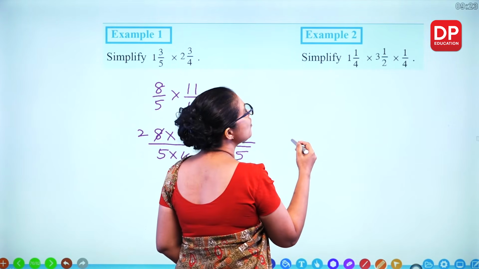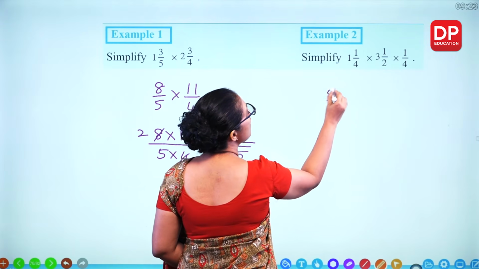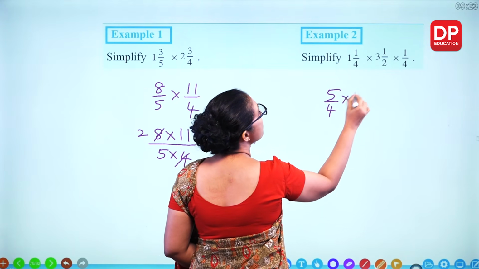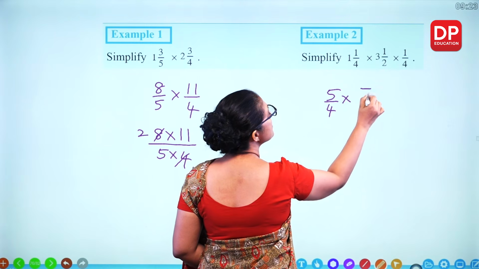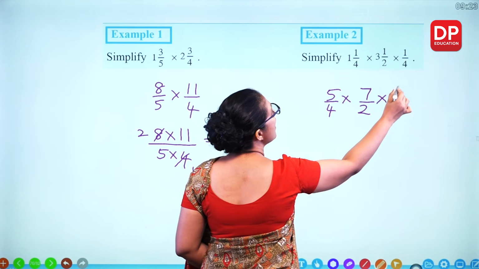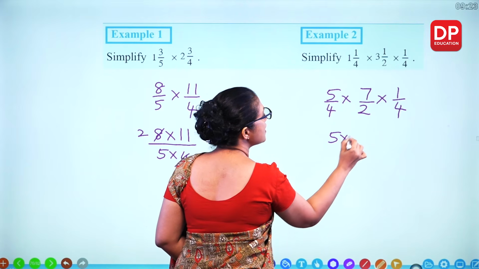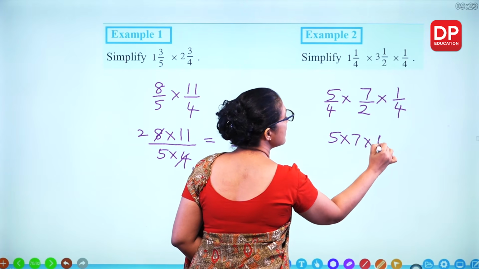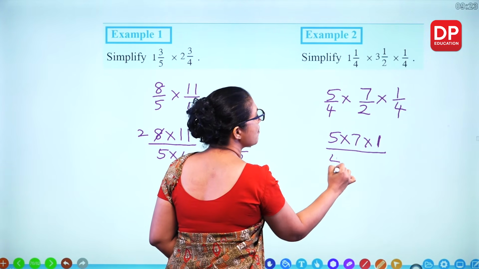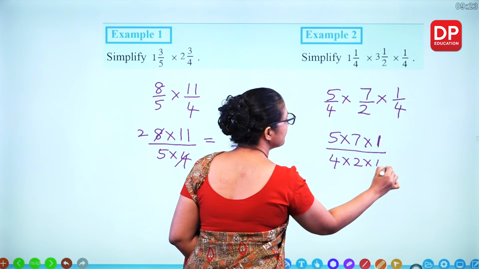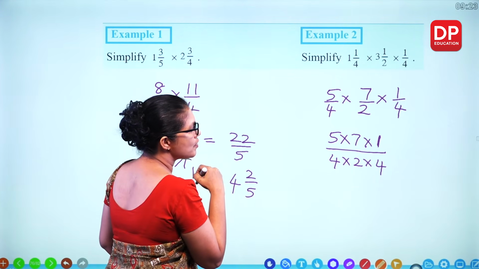So 4 and 2/5 is the answer. This one, convert to improper fractions. 5 over 4. 2 times 3 is 6 plus 1, 7 over 2 and 1/4. Multiply the numerator separately and the denominator separately. Can you simplify?